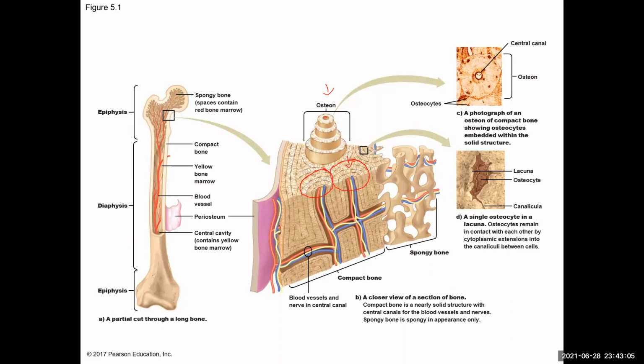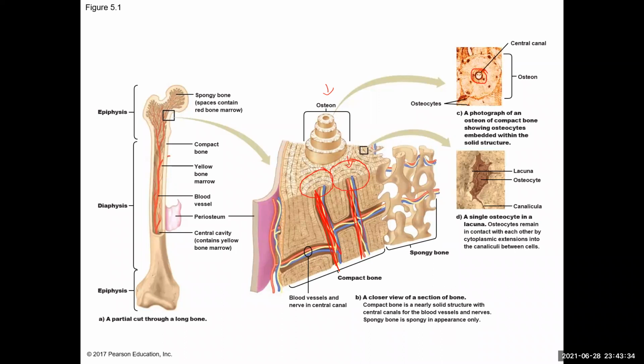Now notice in the center here you have this central canal. That central canal is where the blood vessels and the nerves run through the bone. And so that central canal is important for bringing the blood supply into the bone, and then that can travel into the adjacent osteocytes.